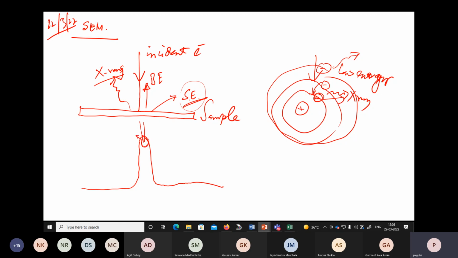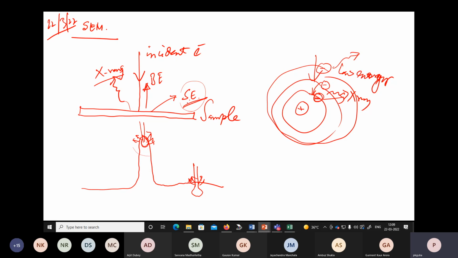These secondary electrons might come out in large numbers if there is a nano protrusion, whereas if it is a flat surface, very few secondary electrons will come out. So you will get a very good contrast. These portions will emit the largest number of secondary electrons, so they will look brighter, whereas the flat portion will look a little bit darker compared to these bright spots, because the number of secondary electrons is less, right?